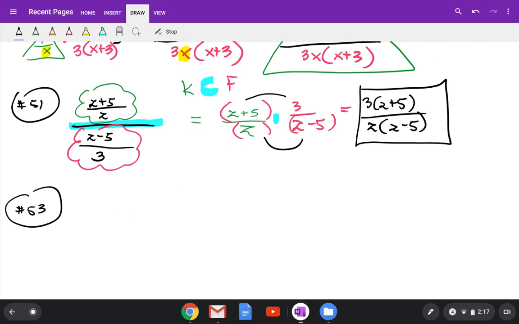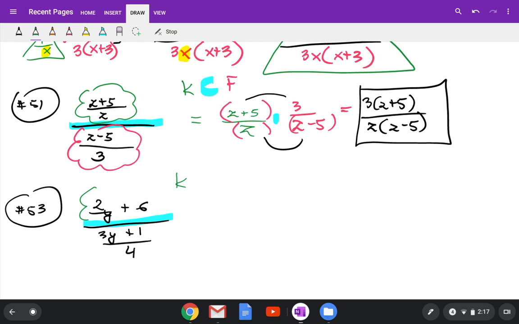So that's 51. 53, we have a similar problem, 2 over y plus 6 over 3y plus 1 over 4. So I'm going to apply keep change flip also.